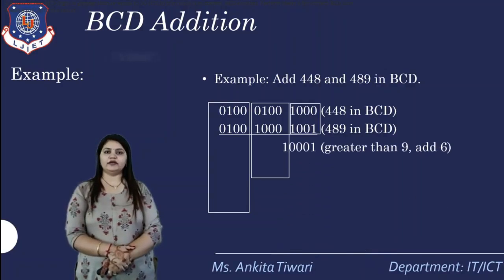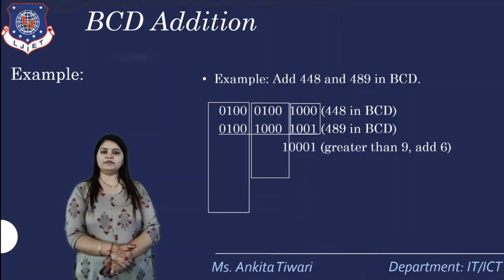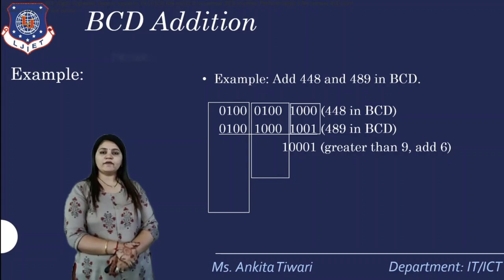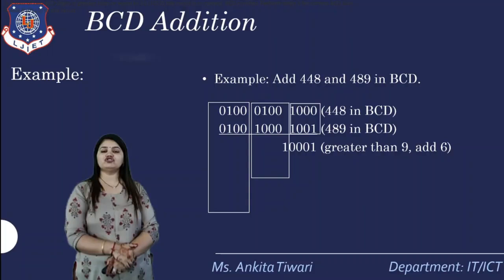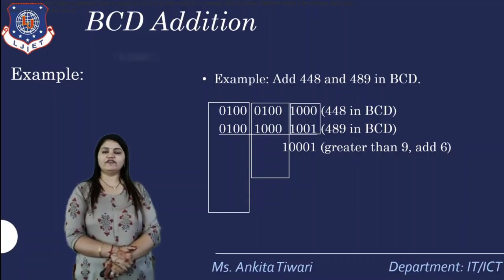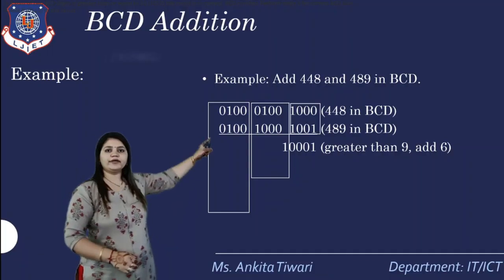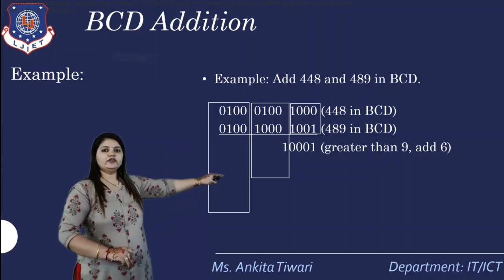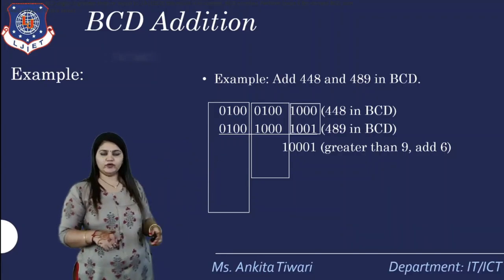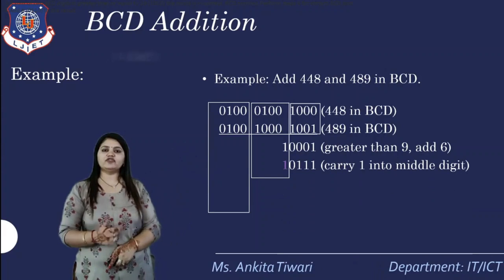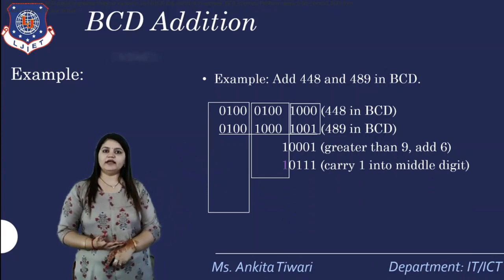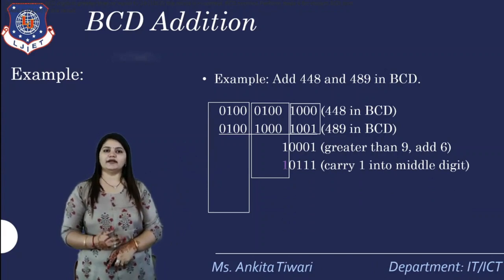Okay, now we'll add it. First of all, when you add it, you will get the answer 10001. That means one carry is generated from the lower order bits, the last 4 bits. Now if I get a carry bit, first of all we check whether you are getting a carry bit or your number is greater than 9.